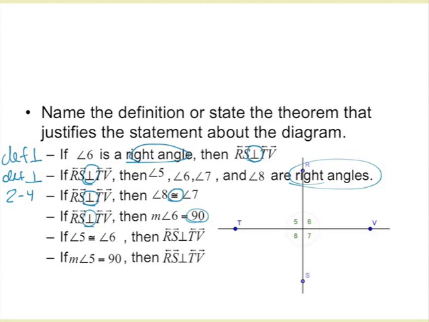Well, what is a 90 angle? A right angle. So this one is saying perpendicular and right angle. Definition. The next one says congruent, then perpendicular. Specifically in that order, what says congruent, perpendicular? 2.5.